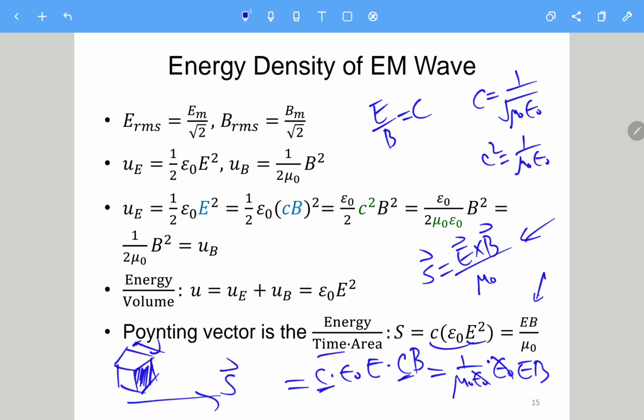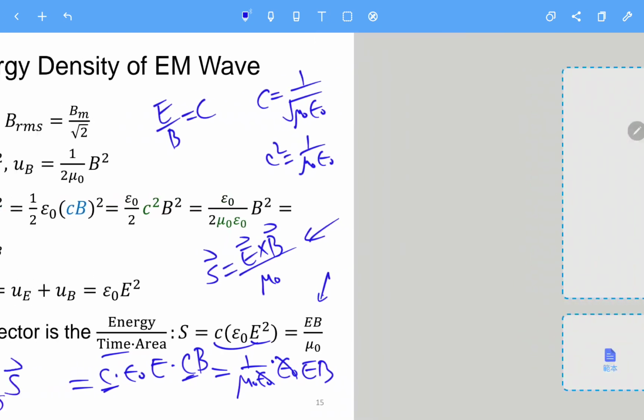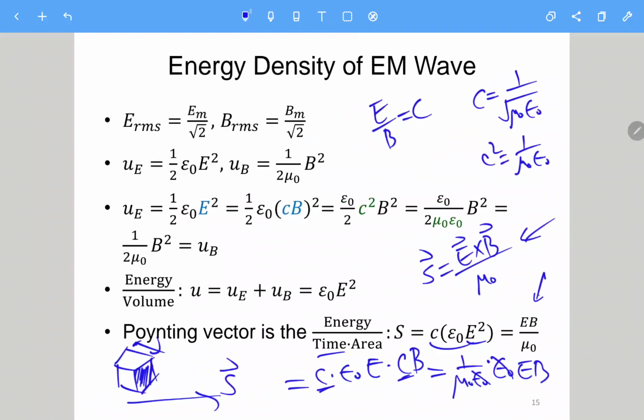But of course, maybe a few decades later, Hertz really could measure the EM wave using an experiment. Okay, so this is the supplementary material about the EM wave.